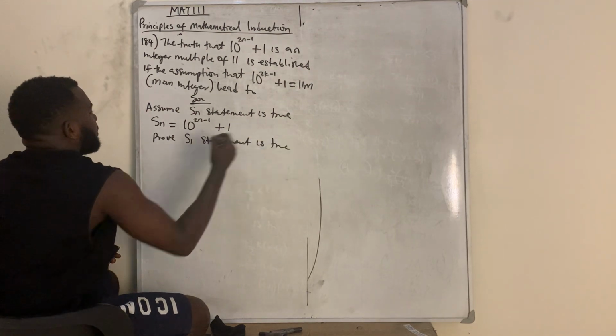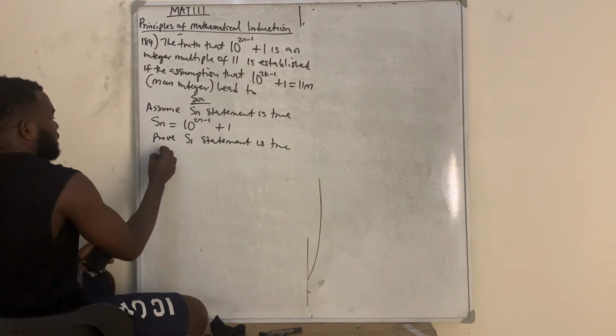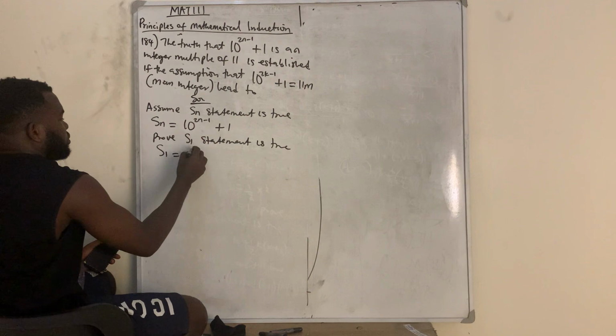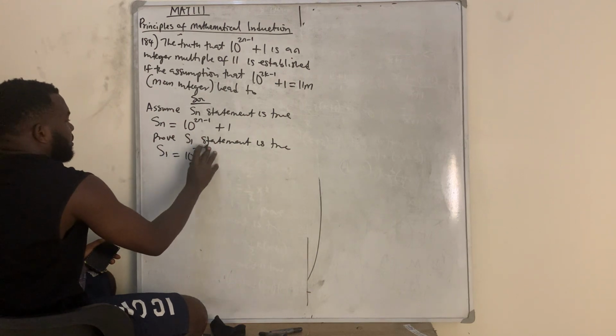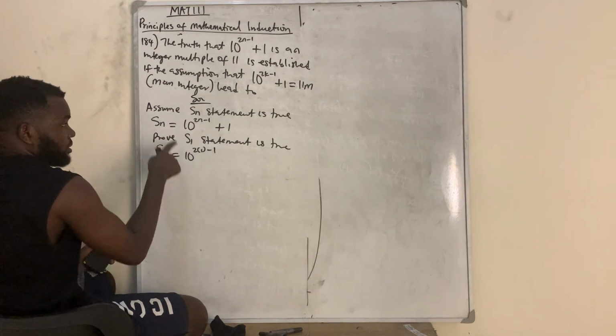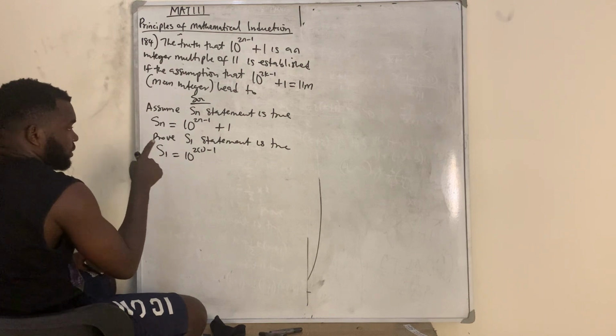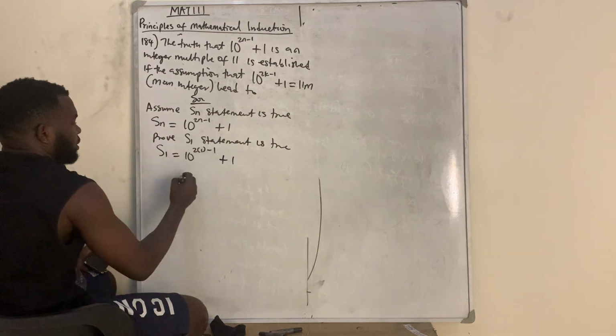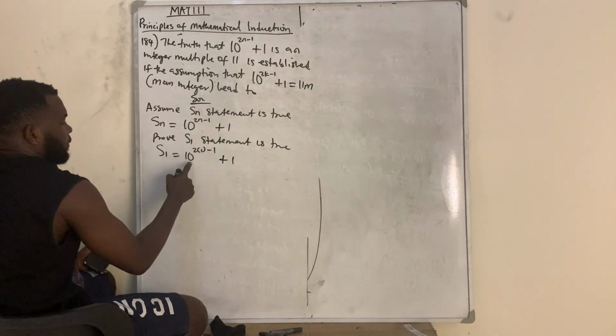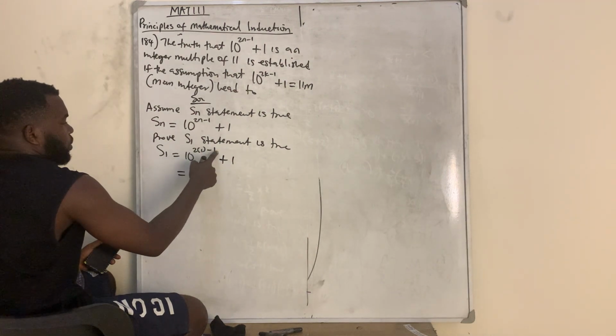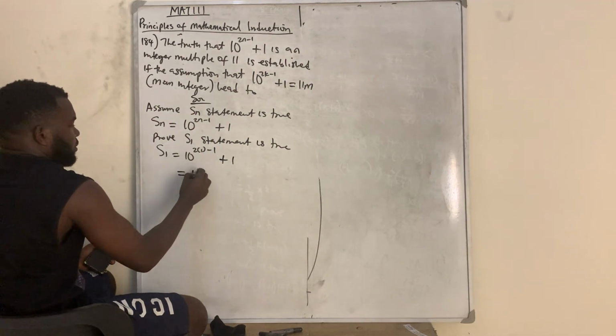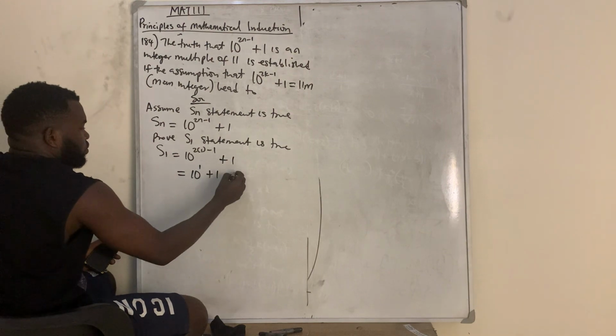Right, so what do you do here? S(1) is equal to 10 raised to power 2 into 1 minus 1. All these things are not necessary for objective, but I'm just showing you normally. So plus 1, which will give you 2 times 1, 2 minus 1 is 1. So 10 raised to power 1 plus 1 is 11.